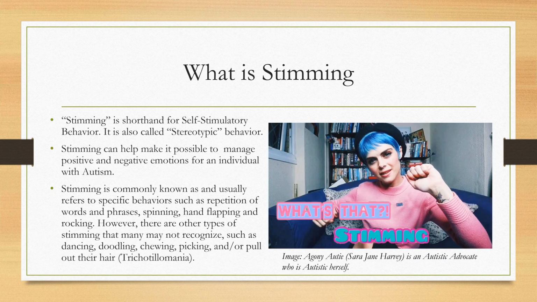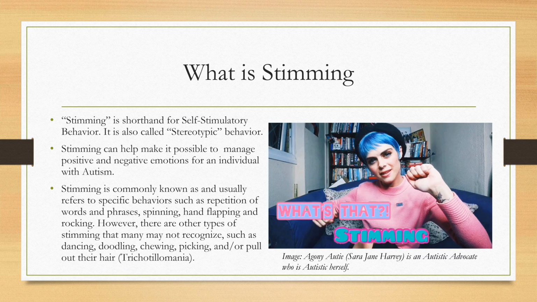Stimming can help make it possible to manage positive and negative emotions for an individual with autism. Stimming is commonly known as and usually refers to specific behaviors such as repetition of words and phrases, spinning, hand flapping, and rocking. However, there are other types of stimming that many may not recognize, such as dancing, doodling, chewing, picking, and or pulling out their hair, which is called trichotillomania.